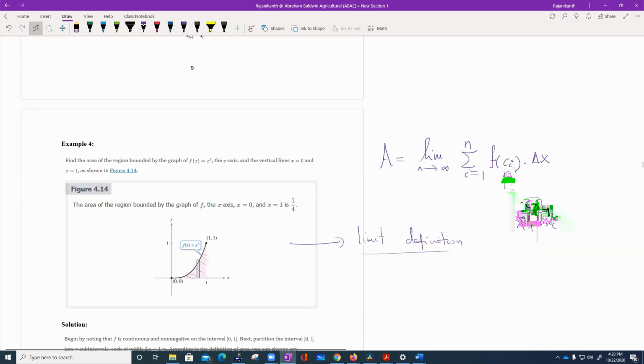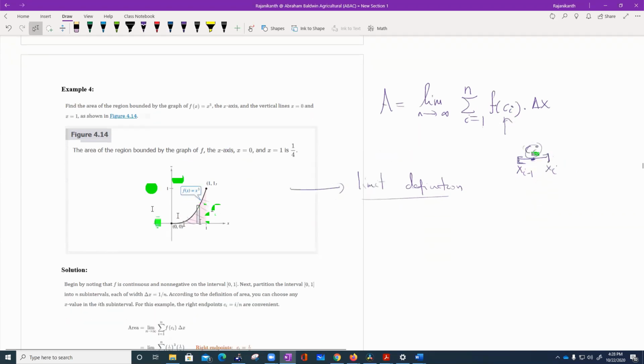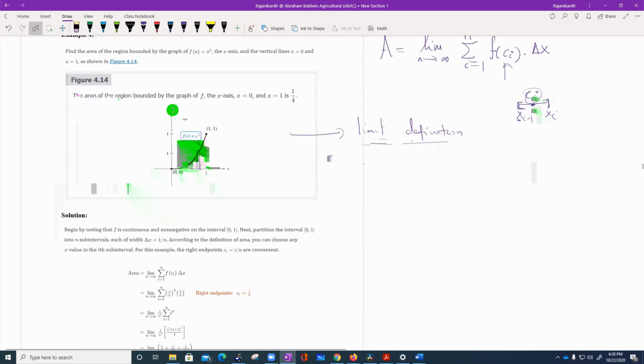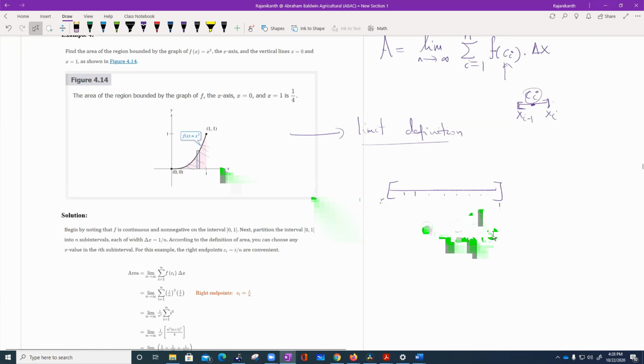Okay, so look at this problem. What have they done here? Basically we are finding this area, right? The given interval is now 0 to 1. What is our task? Our task is to divide this entire interval into n subintervals.